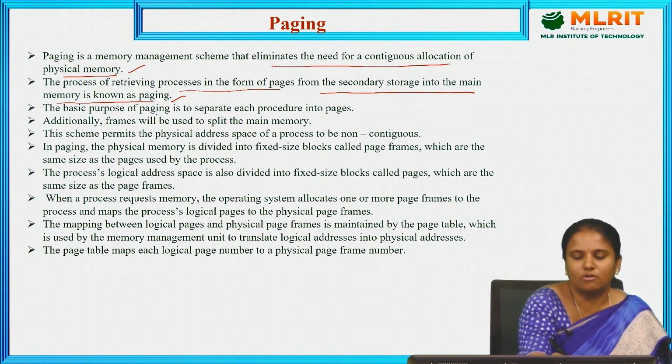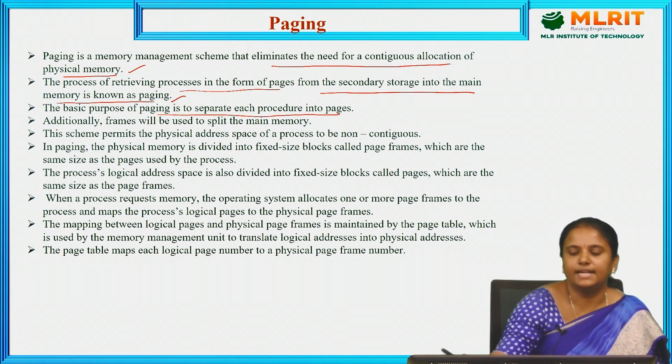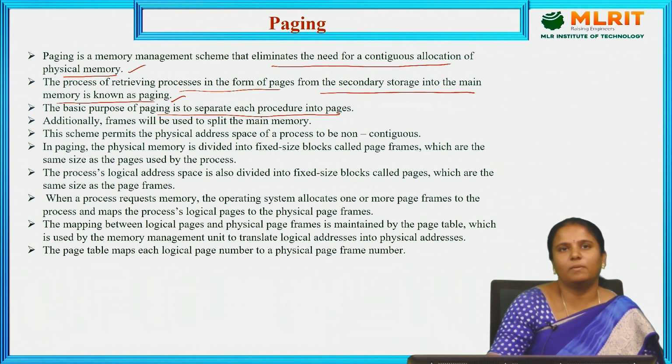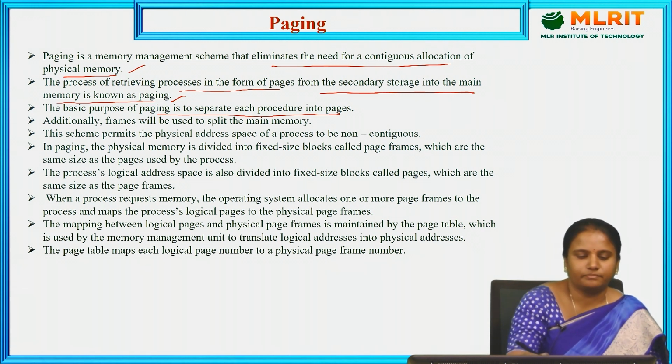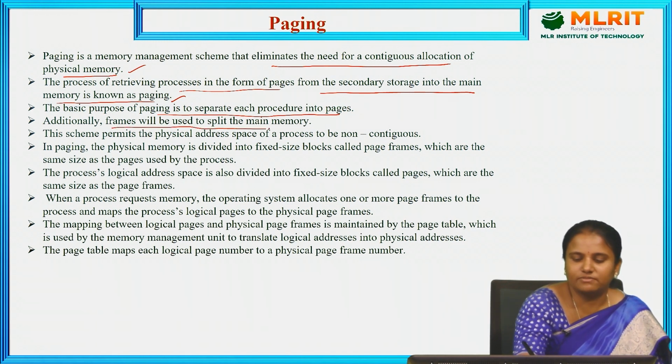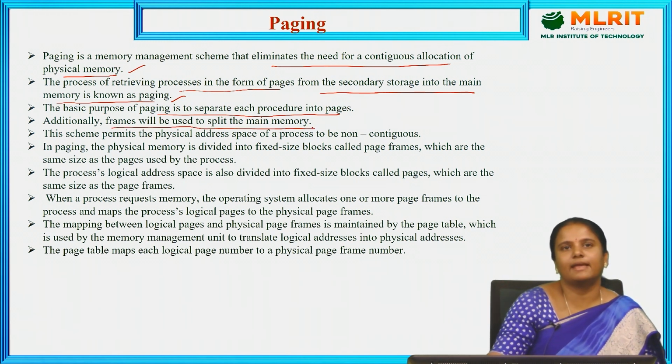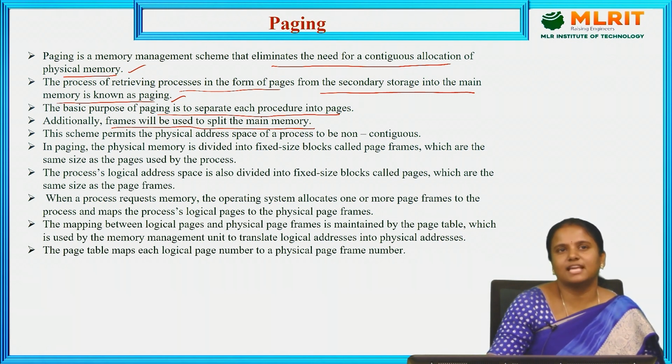The basic purpose of paging is to separate each process into pages. Additionally, frames will be used to split the main memory. So in paging we will have pages, page numbers and frame numbers also.